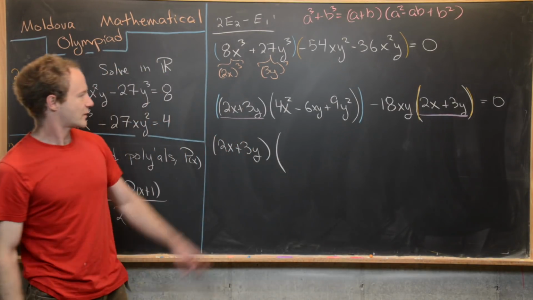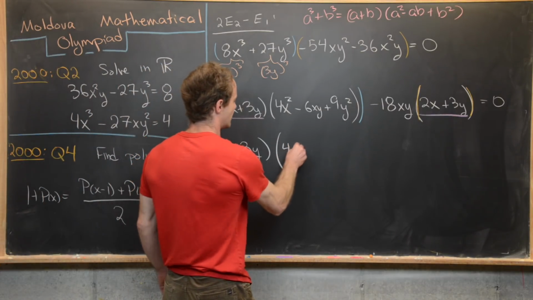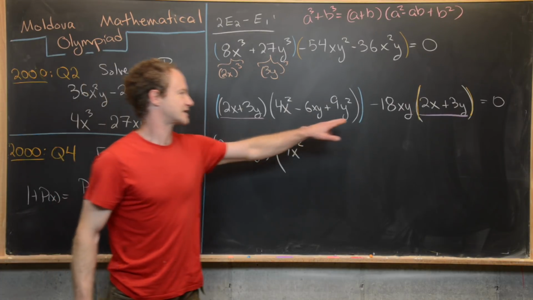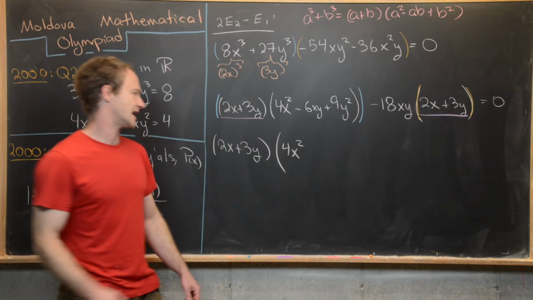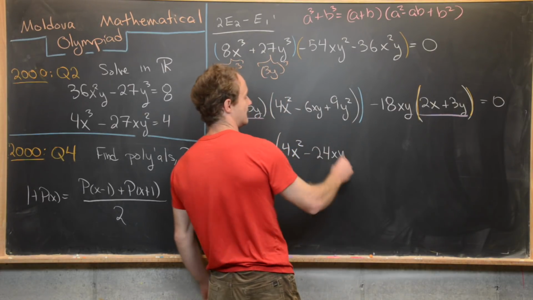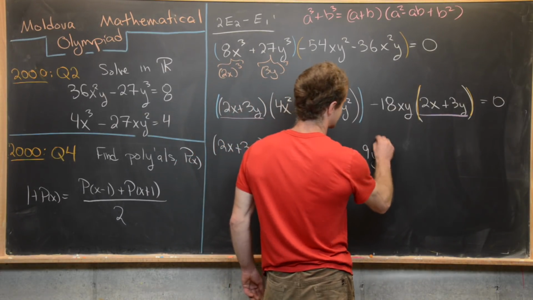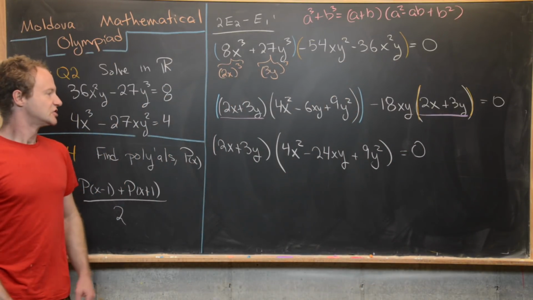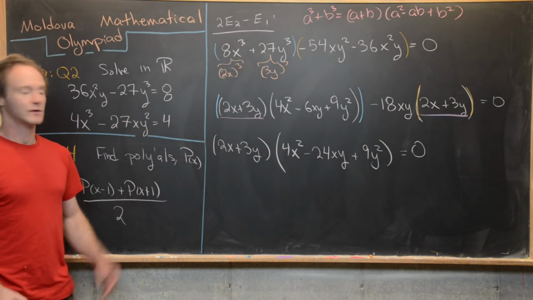And then what are we left with? Well, here we're going to have 4x squared. And then we'll have minus 6xy minus another 18xy. So that's going to be minus 24xy. And then finally plus 9y squared. That equals 0.